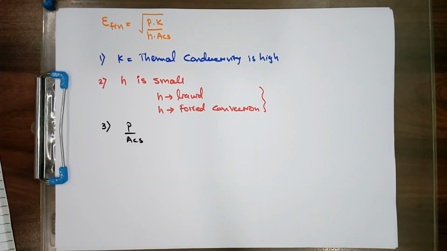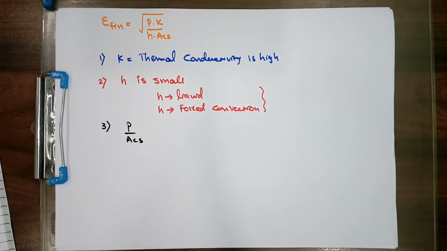The fin is effective only when the convective heat transfer coefficient is very low, or we cannot suggest fins in forced convection, or where the medium for convection is liquid. And third, the fin effectiveness increases as the ratio of perimeter to cross sectional area increases.